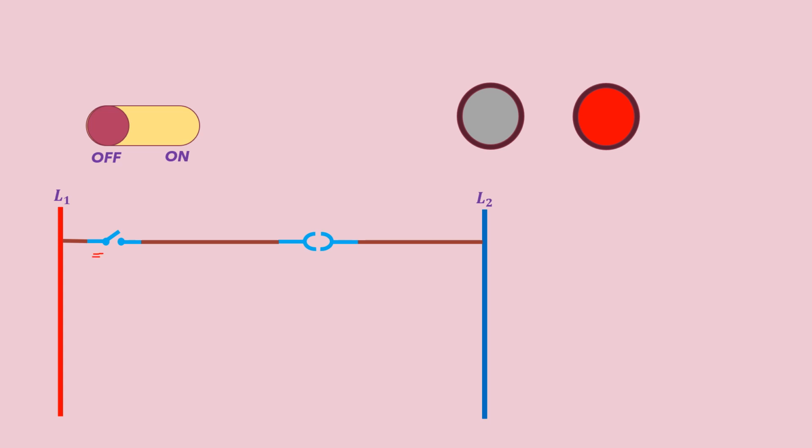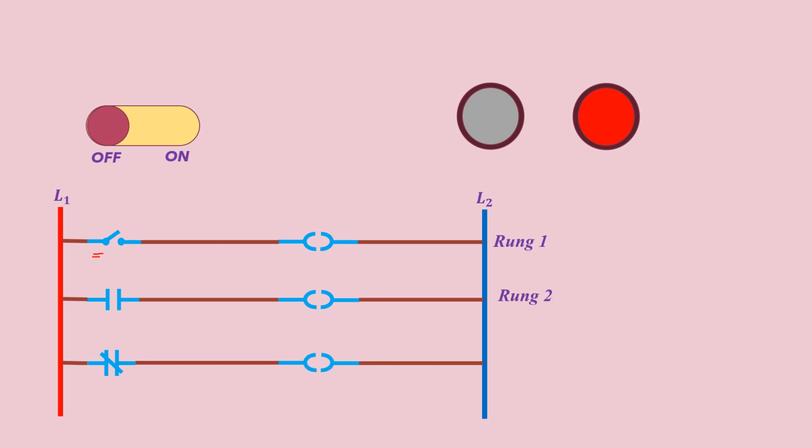We have two rails, L1 and L2. This will be the first rung. We have a single pole single throw switch here, and we have connected an output coil. This is rung 1, this will be rung 2, and this will be rung 3. So this will be the switch S, and this will be the control relay. This coil will energize these relays.